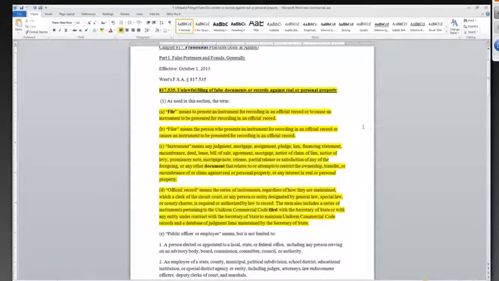So we're in Florida, and this is under Chapter 817, Fraudulent Practices. Part 1, False Pretenses and Frauds Generally. Unlawful filing of false documents or records against real or personal property. File means to present an instrument for recording in an official record or to cause an instrument to be presented for recording.